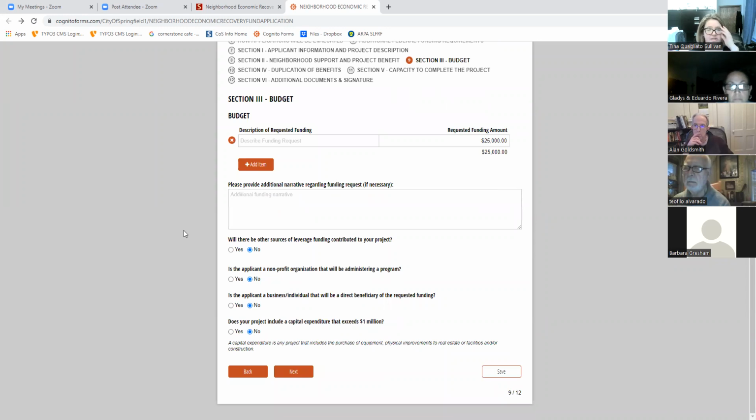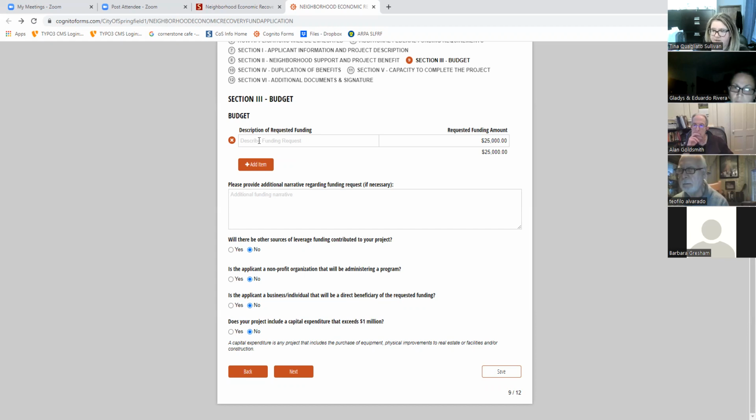Moving on from the budget, then we ask, are there other sources of leverage funding contributing to your project? So if you're telling us that the total cost of your project is $50,000, but you're only seeking $40,000 from the city, then that means you've got another $10,000 in there that's not funded, and we're going to want to know, where's that funding coming from?